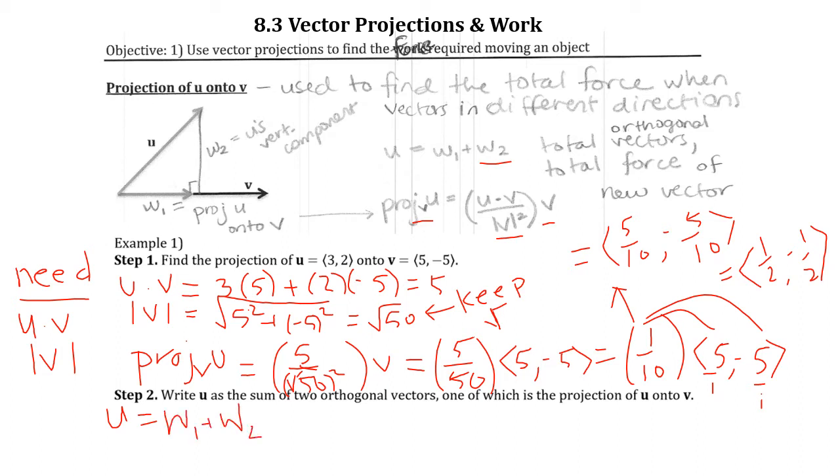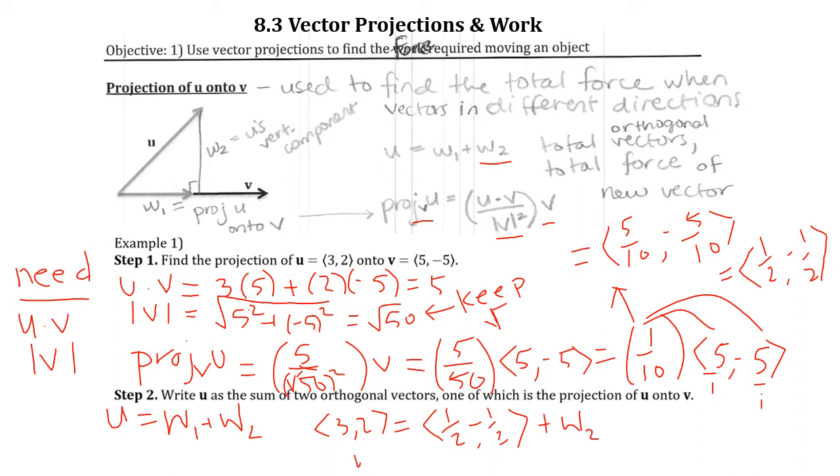So this one is much easier to do because we have U, which is 3, 2. So I'm going to just substitute that. We've got 3, 2, and we've got W1, which was 1/2, negative 1/2, plus W2. And so to find W2, we're going to subtract these.